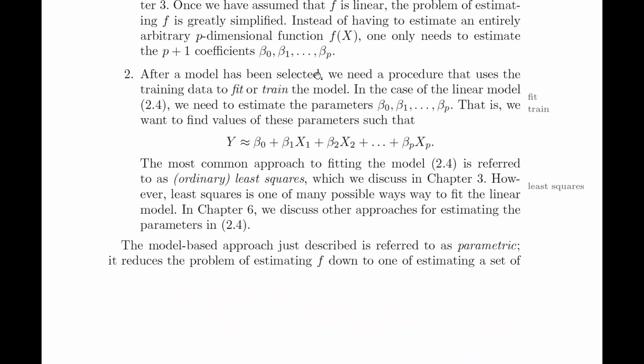Once you've estimated beta naught to beta p using, for example, least square regression, then you now have a model-based approach, which is described as parametric, and you've taken the problem of estimating the output down a notch.